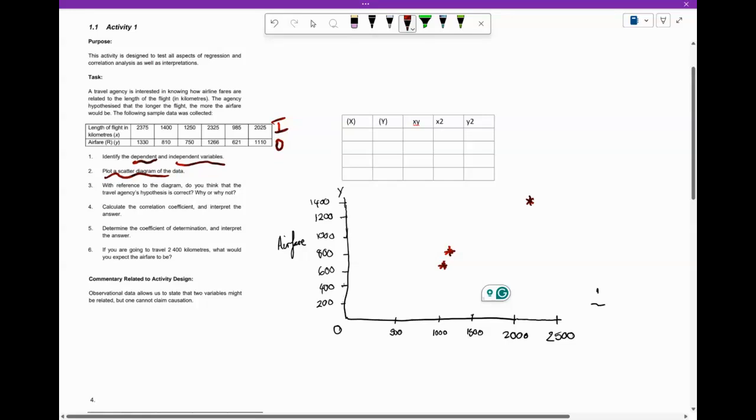Next one, on the y-axis, we've got 1266, so somewhere there, and 2325 on the x-axis, so somewhere here.